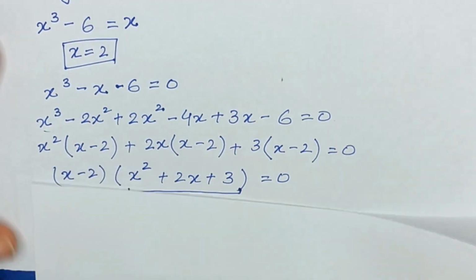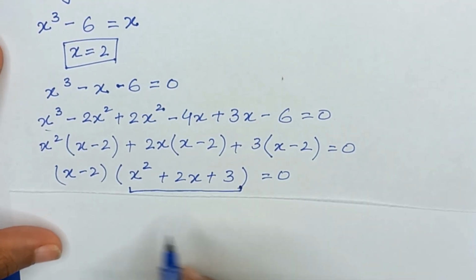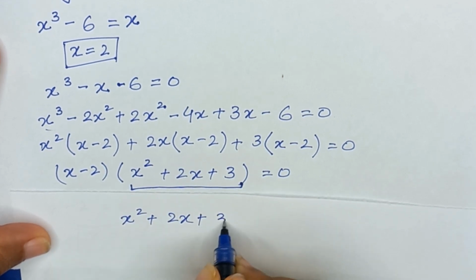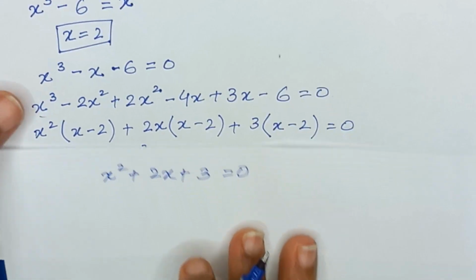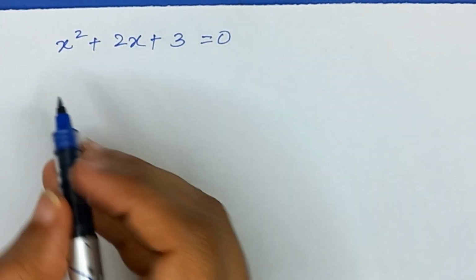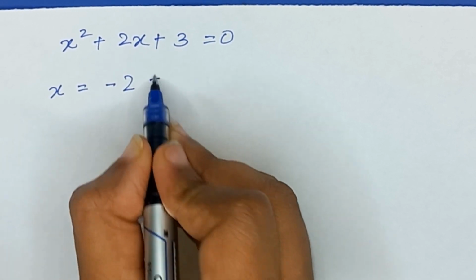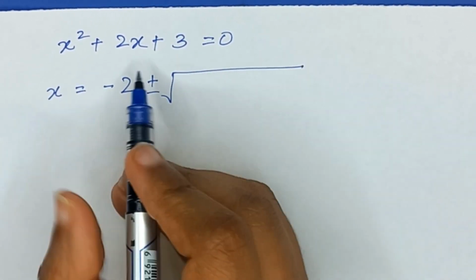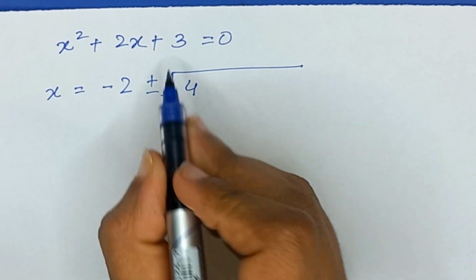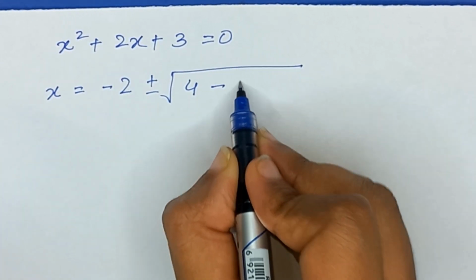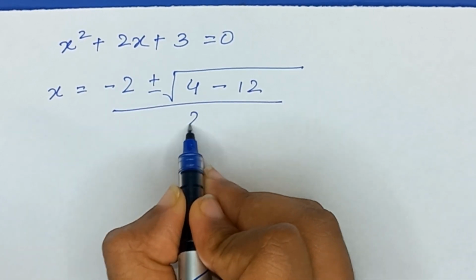Now we will solve this quadratic equation, which is x square plus 2x plus 3 is equal to 0. I will apply the quadratic formula. So it will become x is equal to negative b, so it will be negative 2 plus minus square root of b square, so it will be 4 minus 4 times a times c, which is 12, divided by 2 times 1, which is 2.